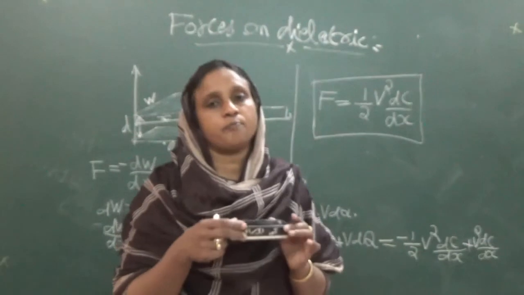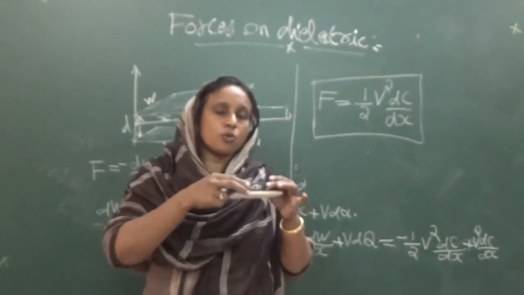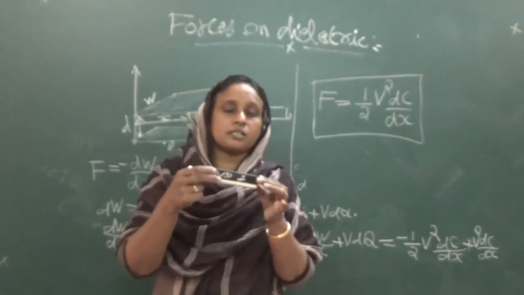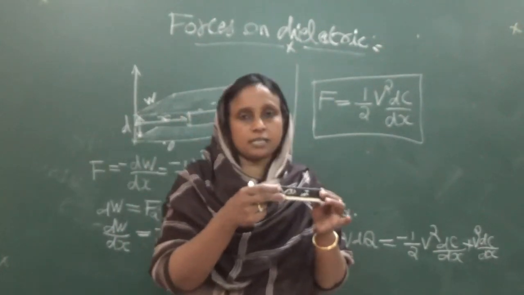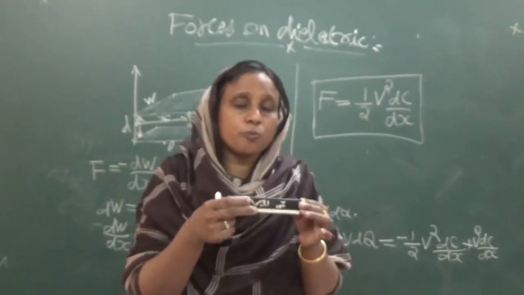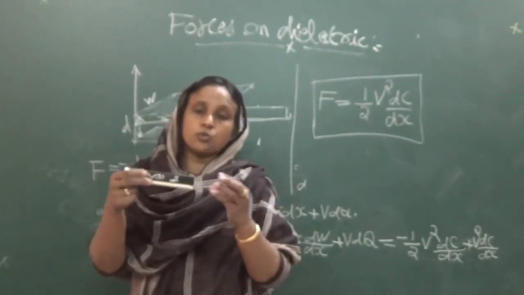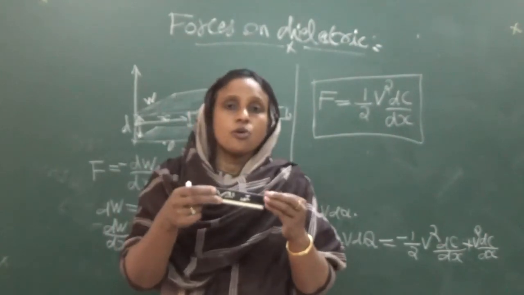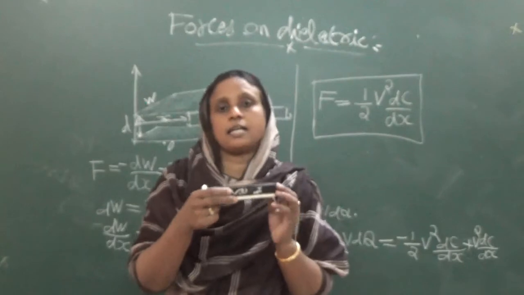Then if we apply a force to pull the dielectric out by a distance dx, the work is the applied force into dx. This applied force should be equal and opposite to the pull due to the force on the dielectric. So from this we can find the electric force on the dielectric.